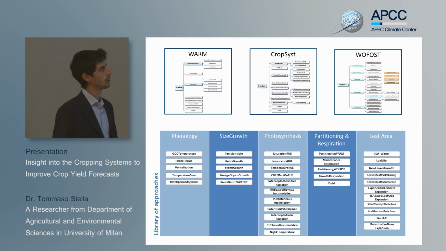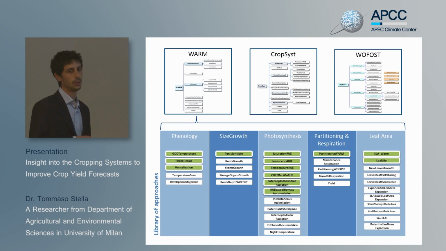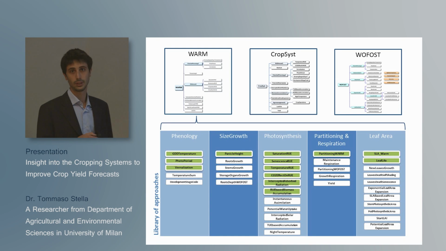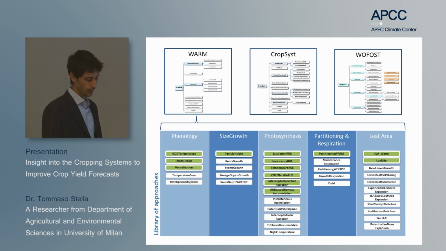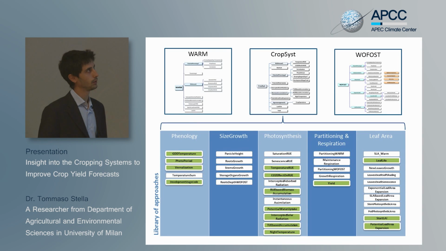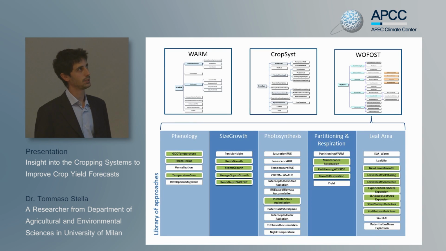So each crop model describes each process of interest with specific modeling approaches. And this means within CropML that each crop model is made up by different or alternative strategies. These are, for example, the strategy used by WARM for the simulation of rice, by CropSyst, and WOFOST.